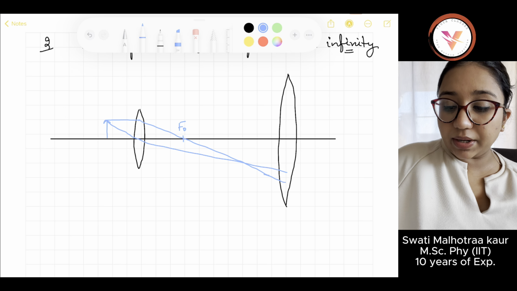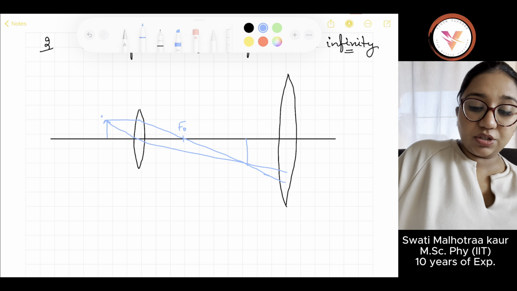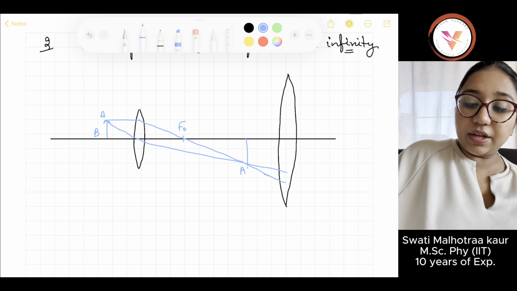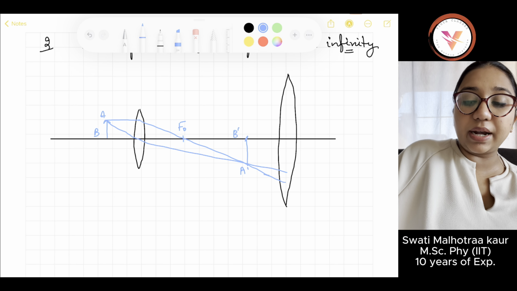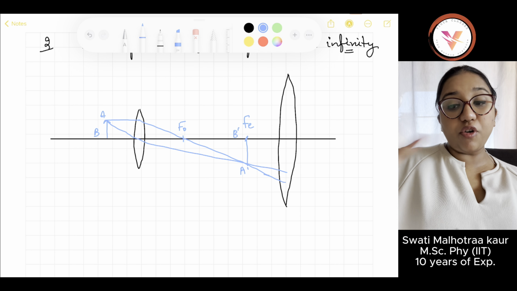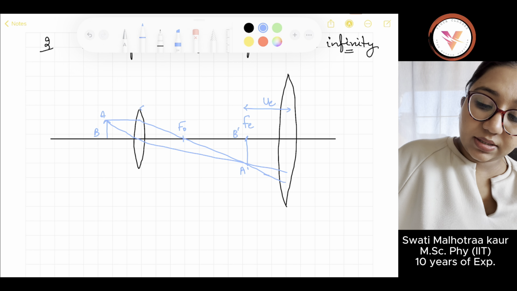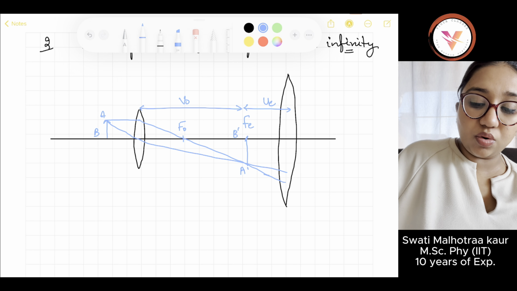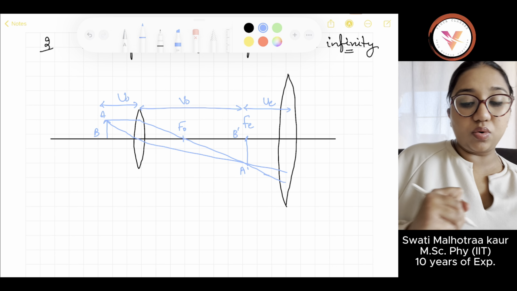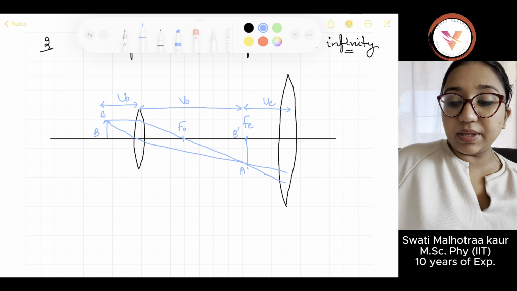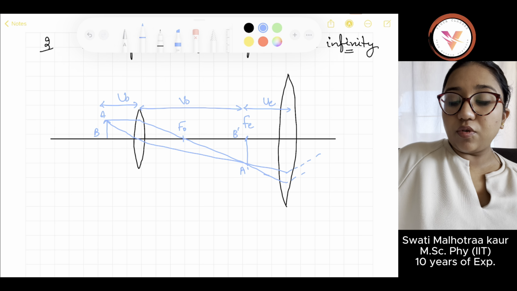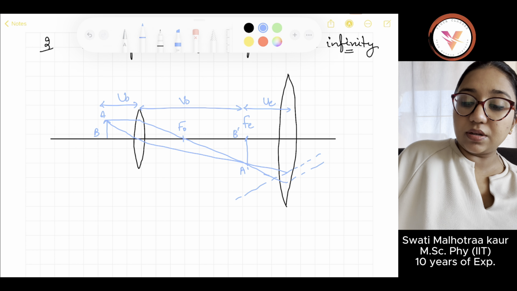Okay, now this point is basically where my image A'B' is formed, and this is formed at the focus of the eyepiece. And this is also UE. This distance is my VO. This distance is my UO. And the final image is basically formed where? Somewhere at infinity.